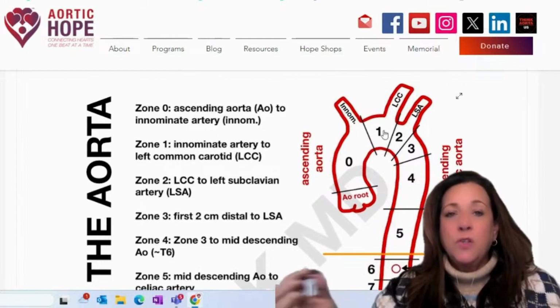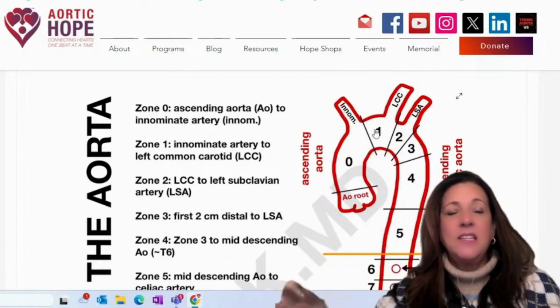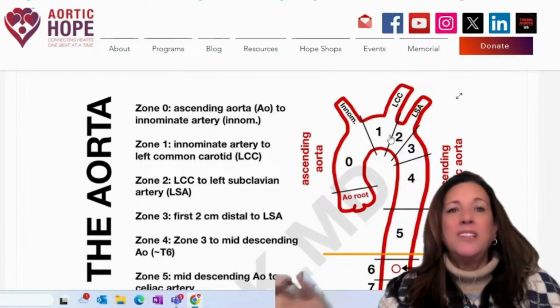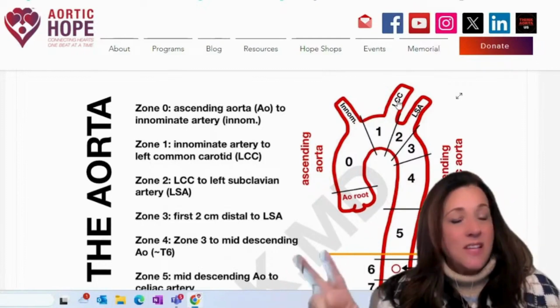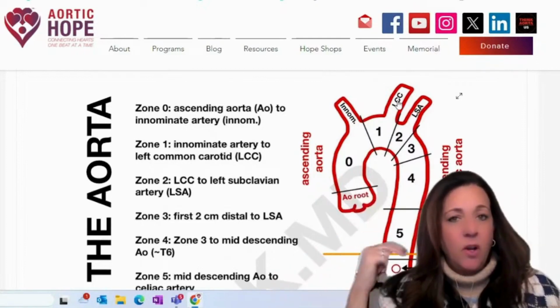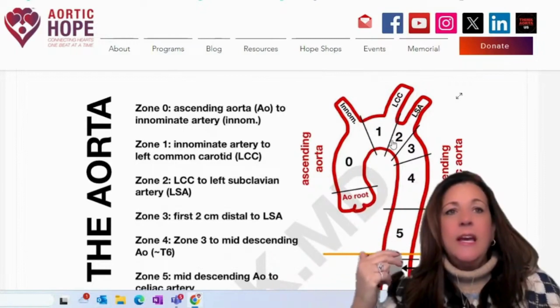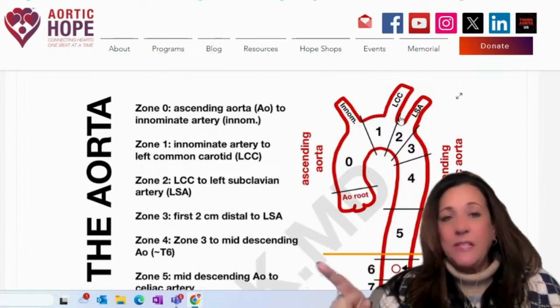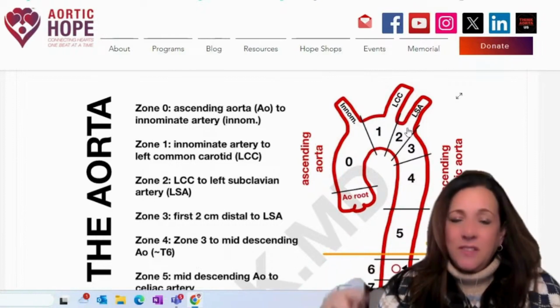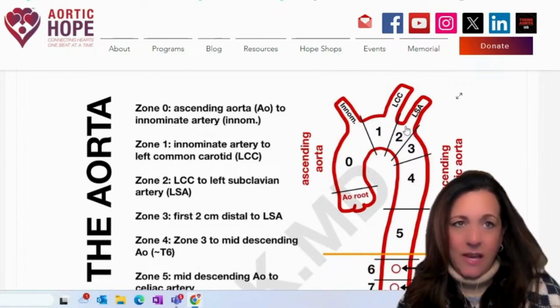Then you move on to zone 1, and that is the innominate artery to the left common carotid, or LCC. Again, that's the second of the three branches that come off of the arch leading into your head. Then there's a small area here, zone 2, that takes you from that LCC to the left subclavian artery, or the LSA.